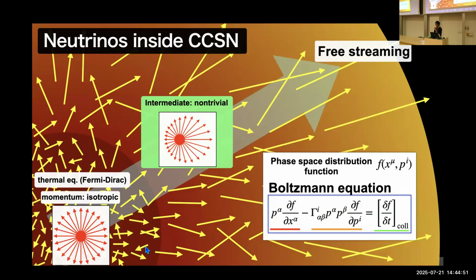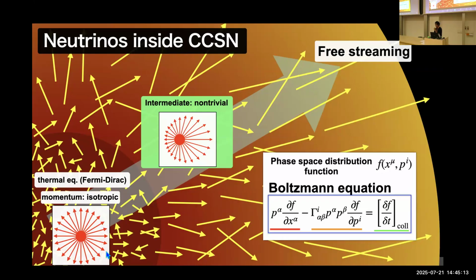At the center, they frequently interact with the surrounding matter, so they have an isotropic momentum space distribution, and the energy distribution is simply a Fermi-Dirac distribution. In the outer layers, it is simply free streaming.